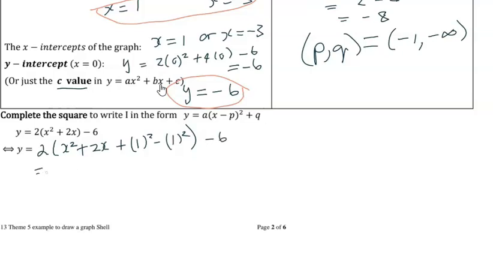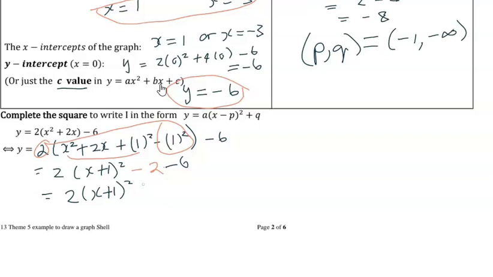So that will give me 2, and I'm going to combine those to get (x plus 1) squared, and then I'm going to multiply the 2 with this minus 1. So outside it will be minus 2 minus 6, so that gives me 2(x plus 1) squared minus 8, which also corresponds to what is written here.